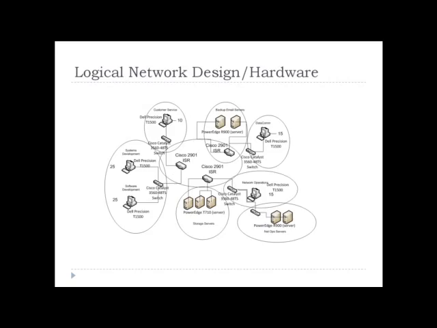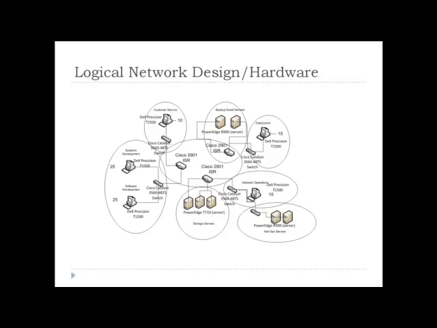Okay, as I mentioned earlier, this is the logical network design with your hardware implementations in place. I had the device requirement listed earlier, and these are those devices actually implemented within the network as we have logically built it.